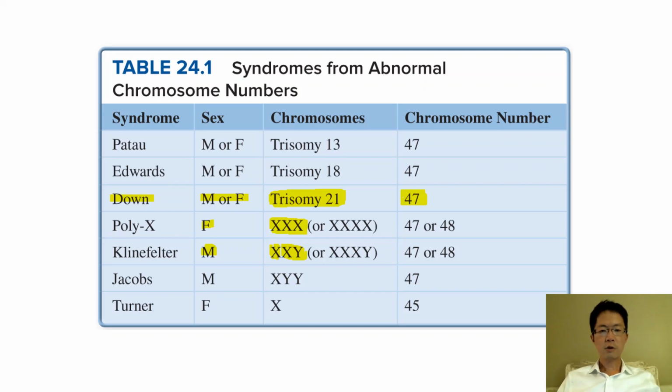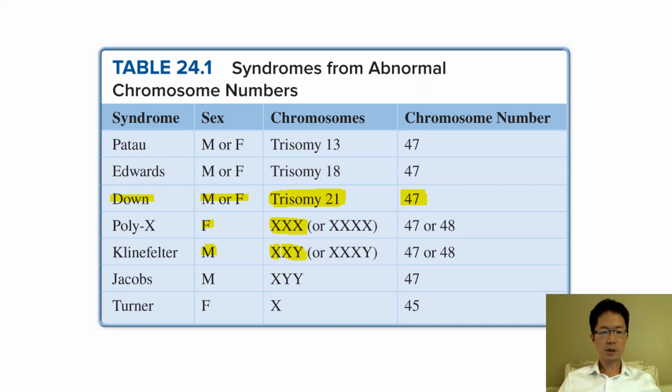Other than developing breasts, they will also have difficulty reproducing. So they may need artificial insemination or some kind of intervention to help them reproduce. And they may also have delayed speech development for the patient with Klinefelter syndrome.